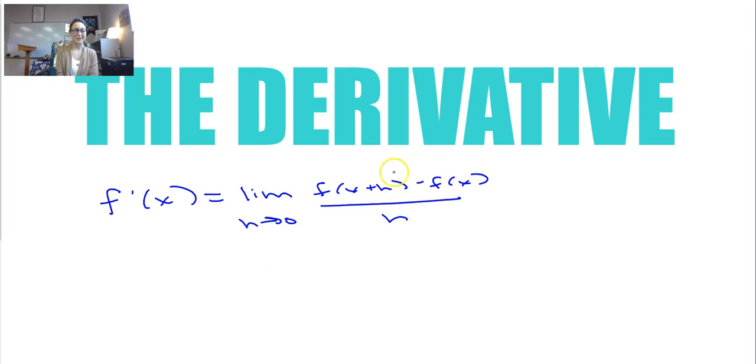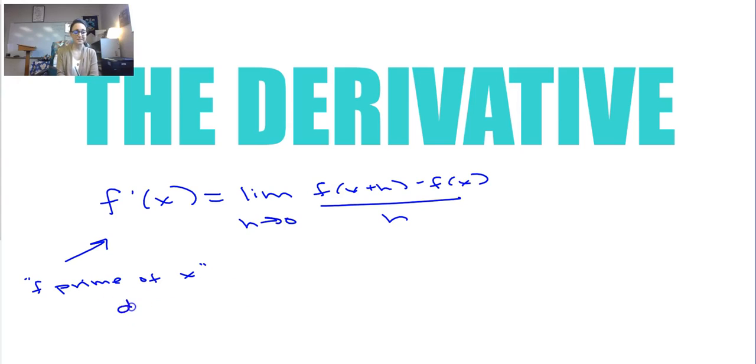All right, so this is how we find the derivative. This is the notation, so it's f with looks kind of like an apostrophe x. The way we pronounce this is f prime of x. So that's how you say that, f prime of x.